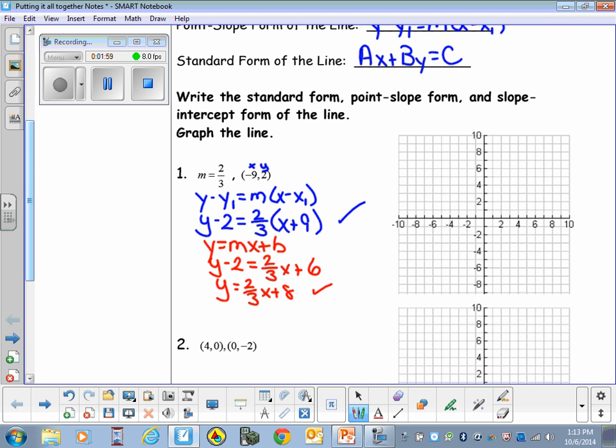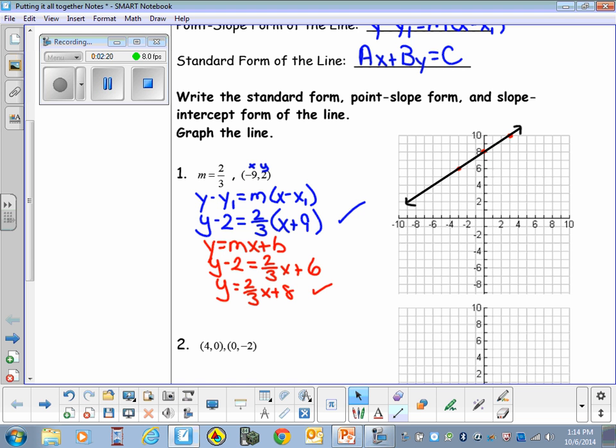That's slope-intercept form. And I'm going to graph using slope-intercept form. Up 2 to the right 3. And I'm just going to cheat my arrowheads here and draw them in.